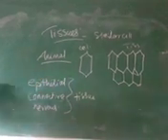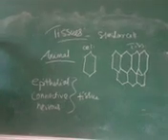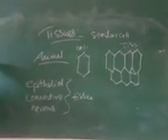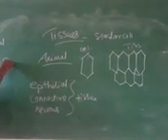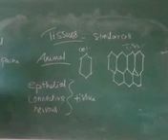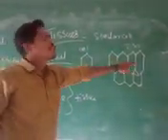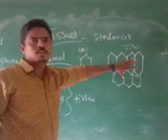Epithelial tissues are closely packed. Closely packed means that if you view this tissue, there is no space in between the cells. Each cell is very closely packed.